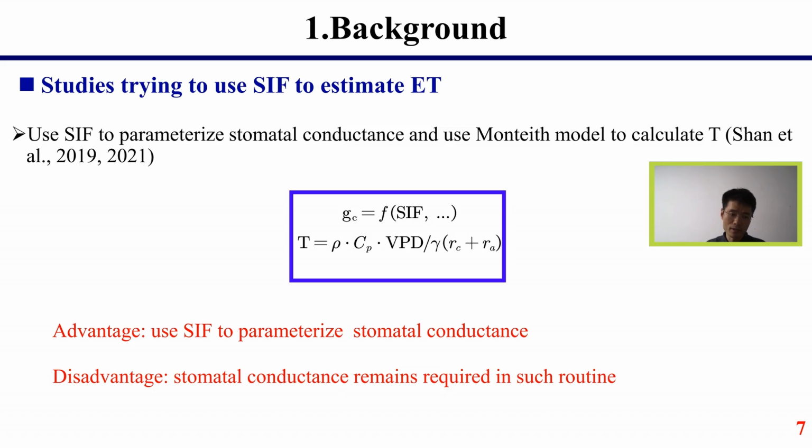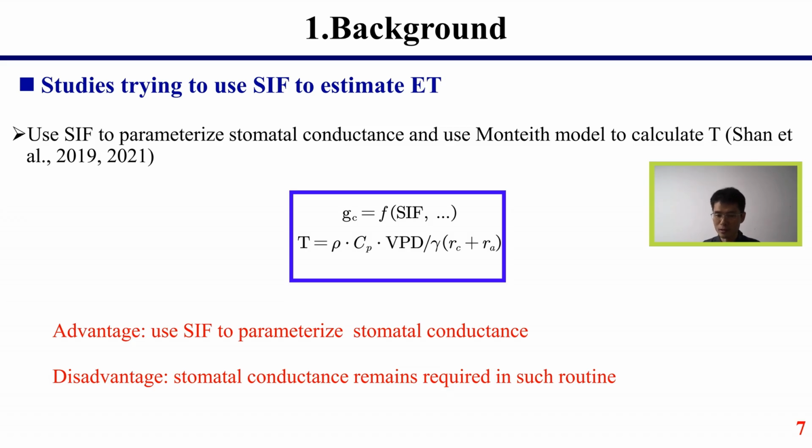The advantage is that it can capture stomatal coordination. So I think it should be better than some static vegetation index, like leaf area index. There is still a disadvantage in using this kind of model, because stomatal conductance remains required in such a routine. As I mentioned before, stomatal conductance is a very complex metric.